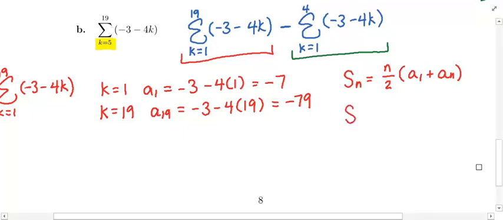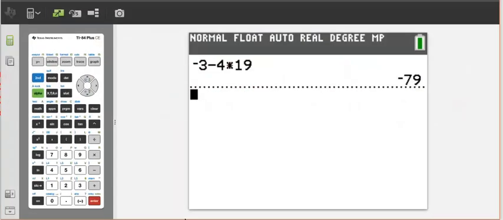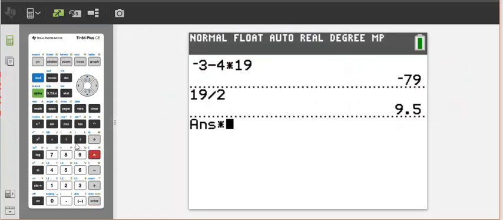Because we're summing the first 19 terms of our arithmetic sequence here. All right, so S19 is going to be 19 divided by 2 times -7 plus -79. Go to the calculator to get this. We're going to do 19 divided by 2, times -7 minus 79.